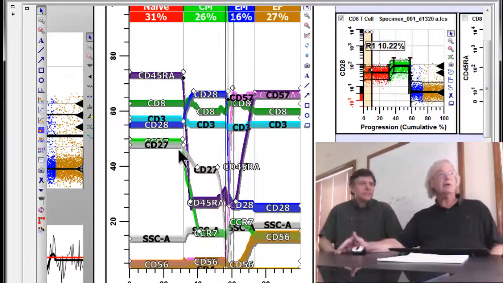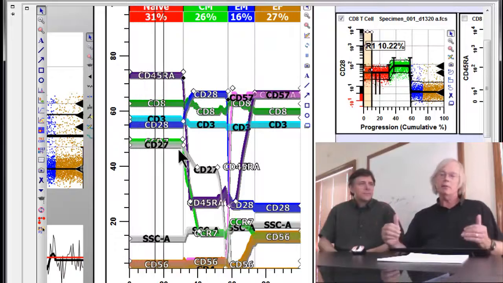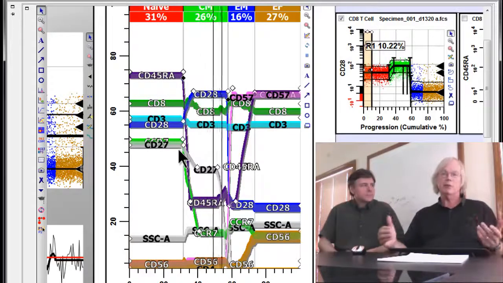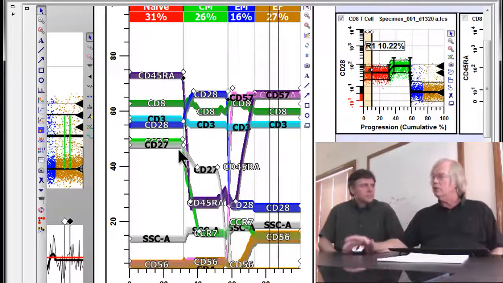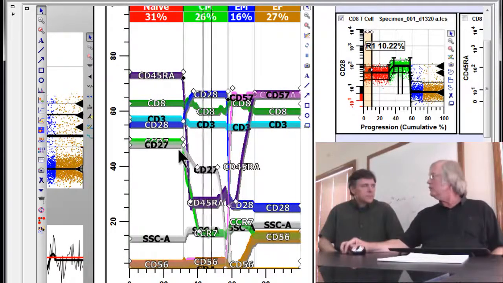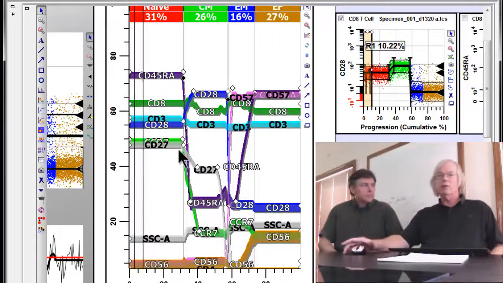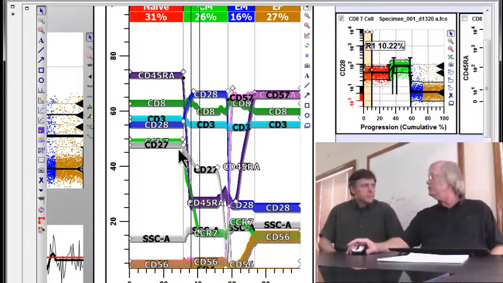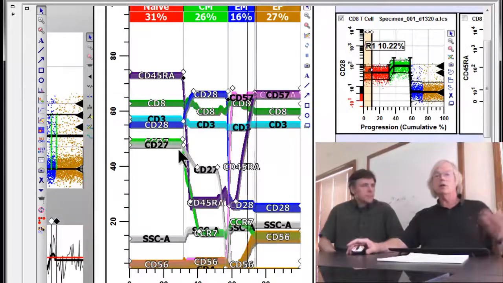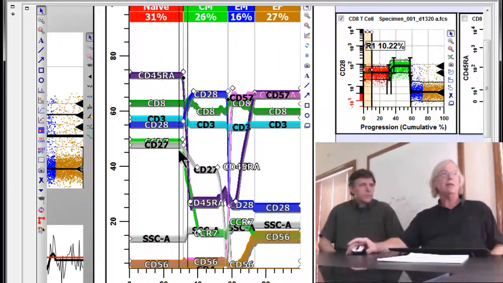That's it in a nutshell. We tried to show you the relationship between dot plots and expression profiles. And one of the things we went over was that you need some information to get started. The information's not in the data, so it has to come from either publications or somebody telling you what the progression is, but it has to come from outside the data.